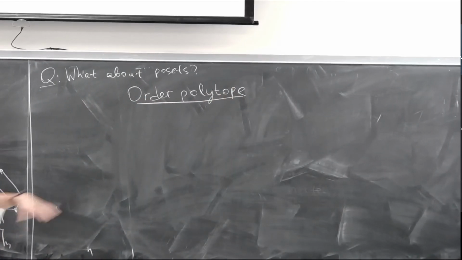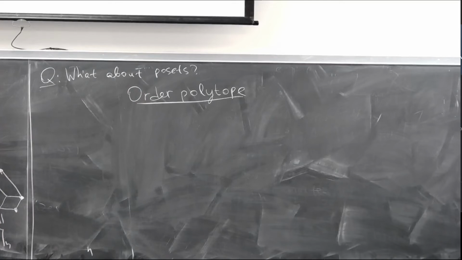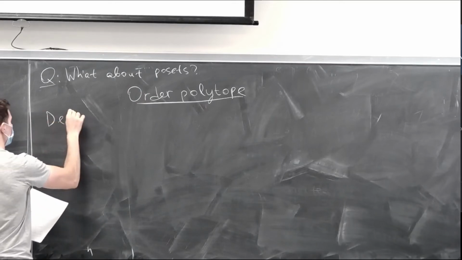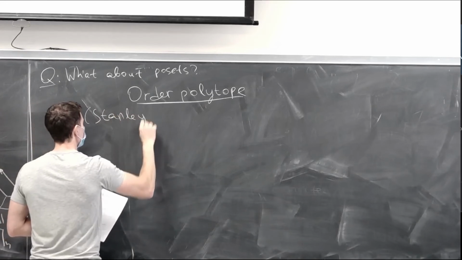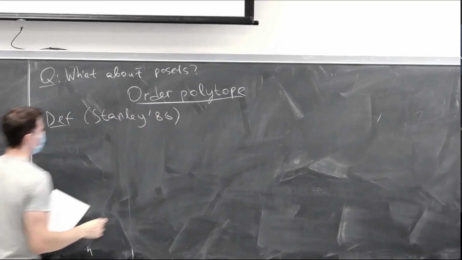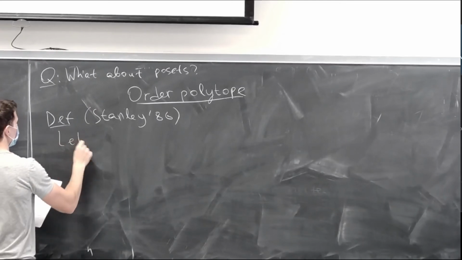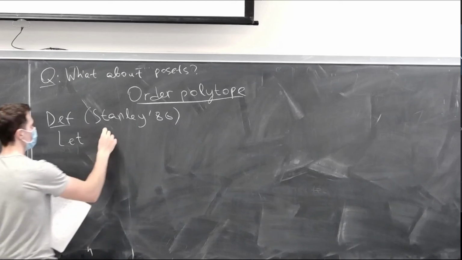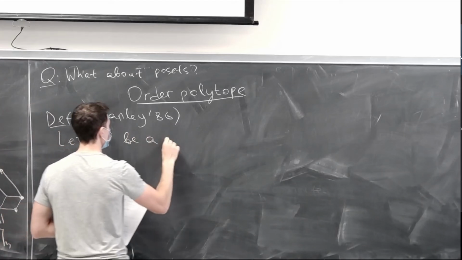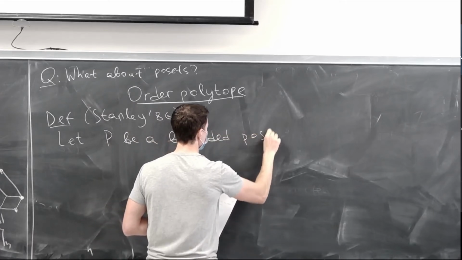Later, order polytopes are going to be important to us in several different ways. So I'd like to define them right now. And the definition is actually quite old. That's Stanley '86. Let's say you have an arbitrary poset which is bounded. Let P be a bounded poset.